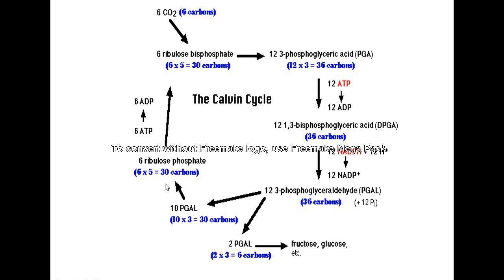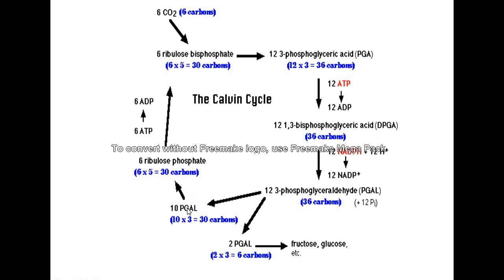From phosphoglycerate you can synthesize 6 molecules of ribulose 1,5-biphosphate. Okay, ribulose phosphate. From those 6 molecules of ribulose phosphate, ATP is utilized for the synthesis of 6 molecules of ribulose 1,5-biphosphate.